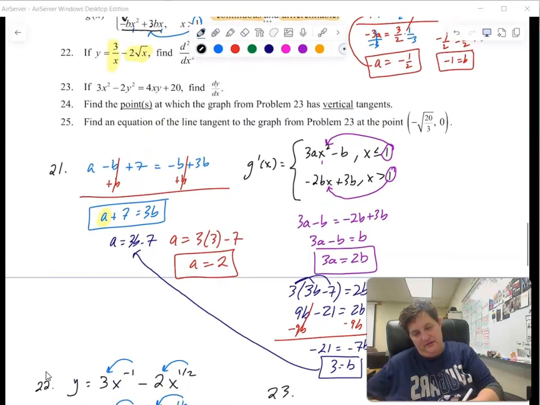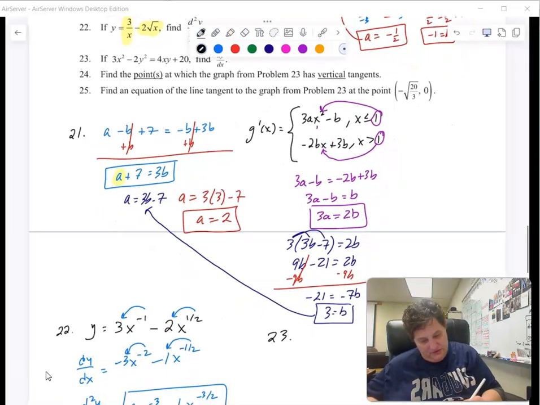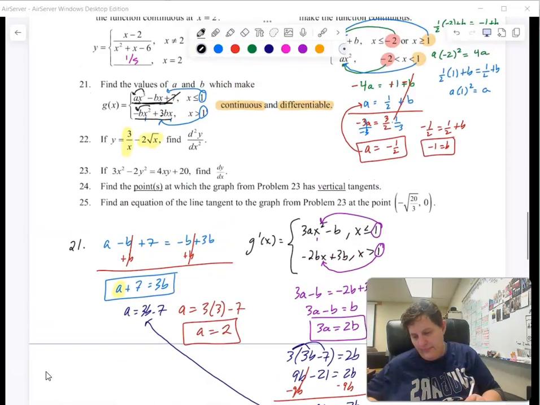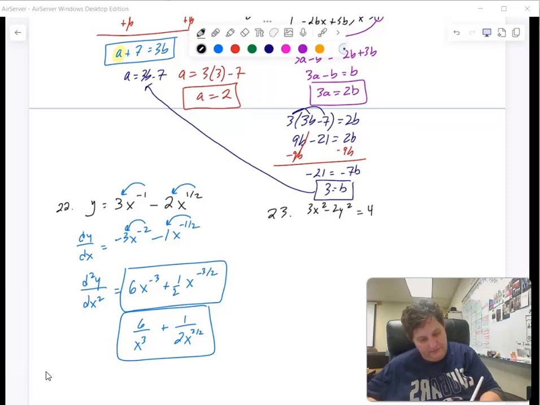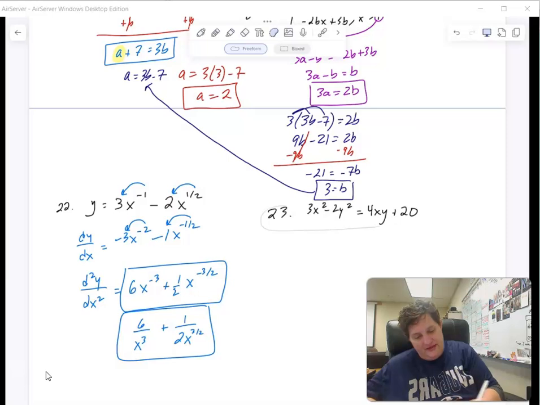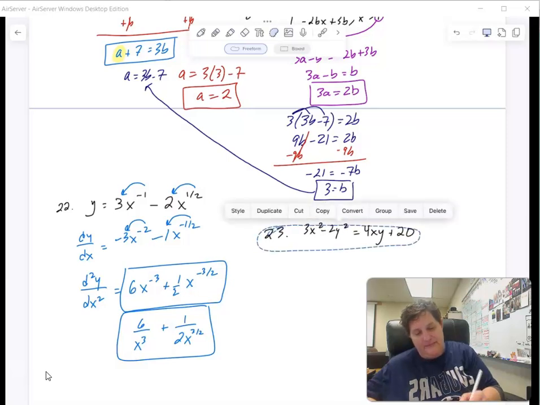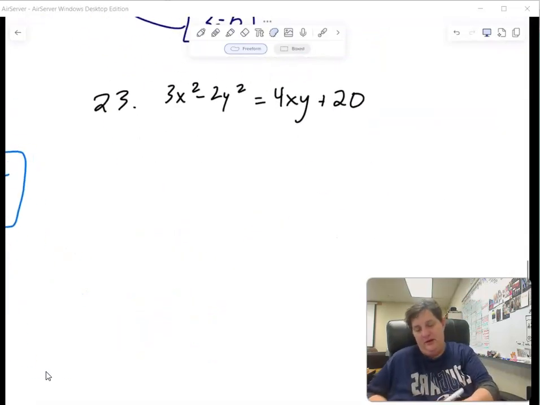Okay, find dy dx. All right, this one is 3x squared minus 2y squared equals 4xy plus 20. Okay, you guys, this is an implicit question. We haven't done that in a minute, right?